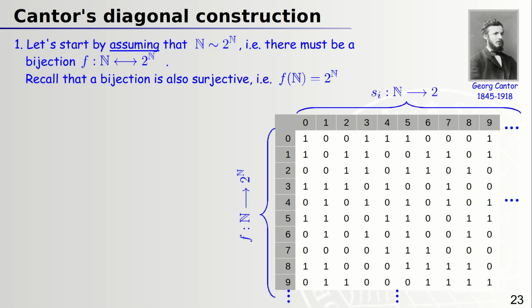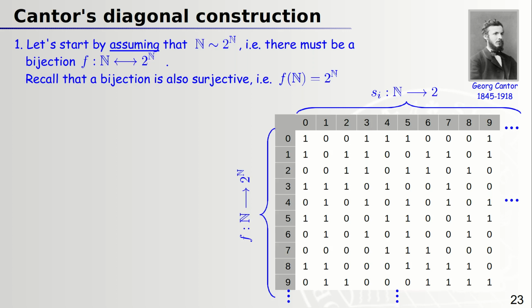Each of those sequences itself is a mapping from the natural numbers to 0 and 1. So the column headings contain the natural number indices into the sequence, and then the cells in the table contain the corresponding 0 or 1 that the corresponding sequence maps them to.